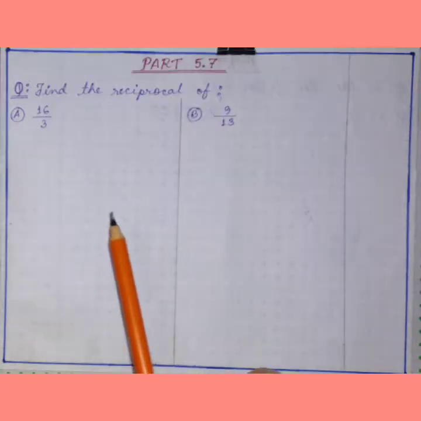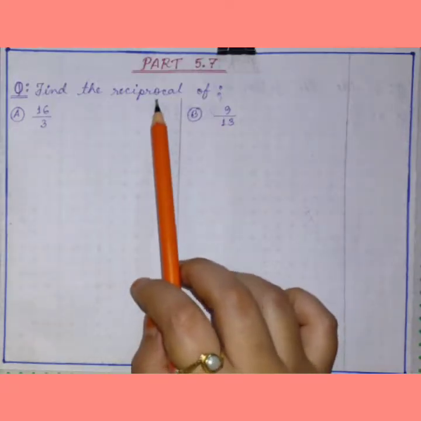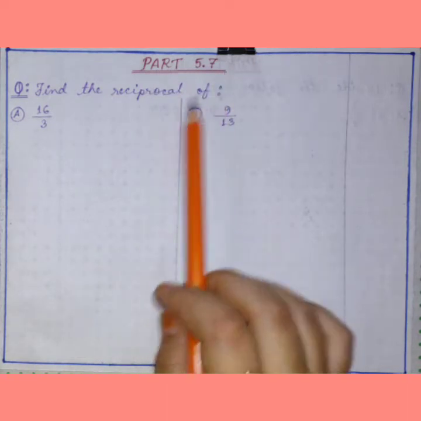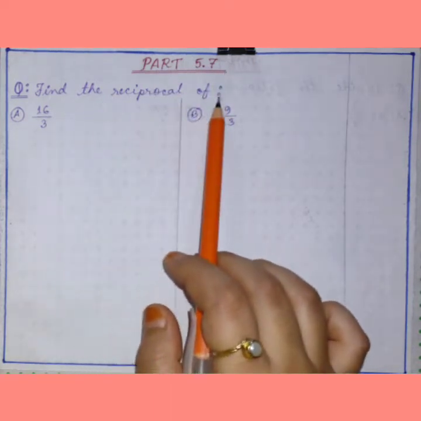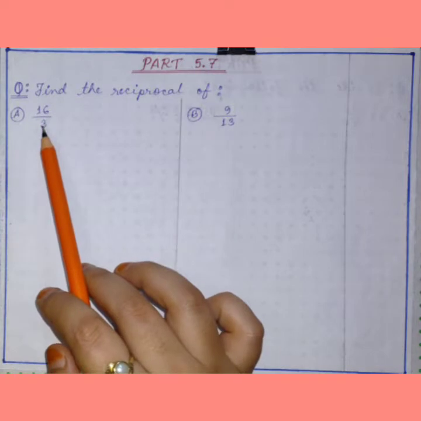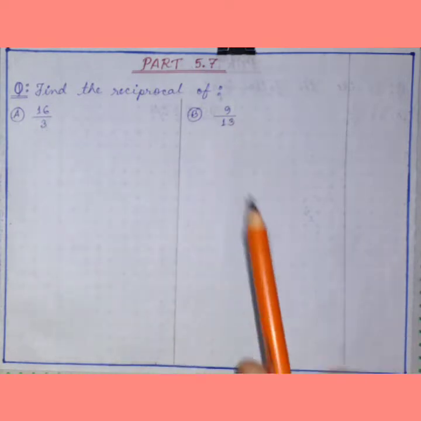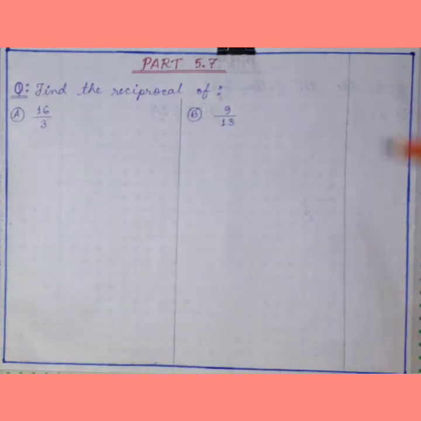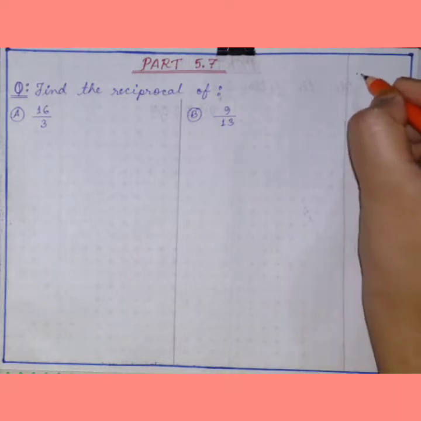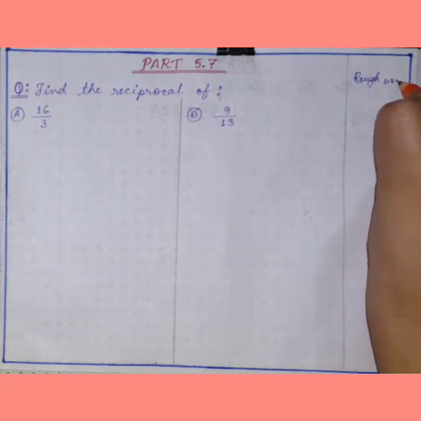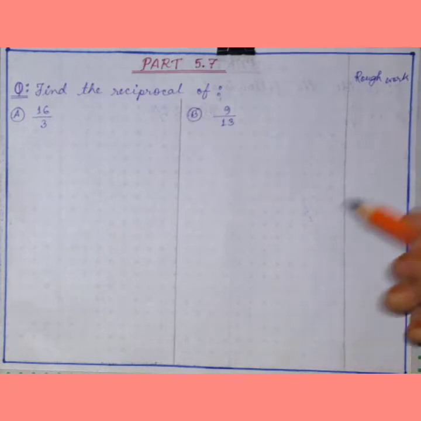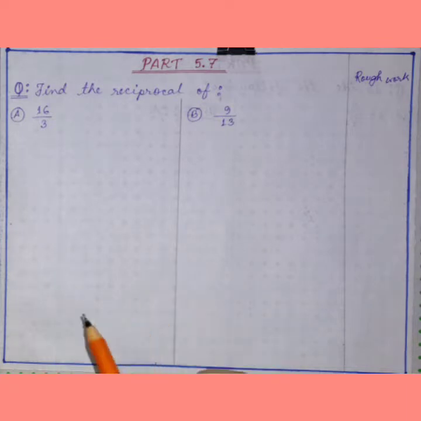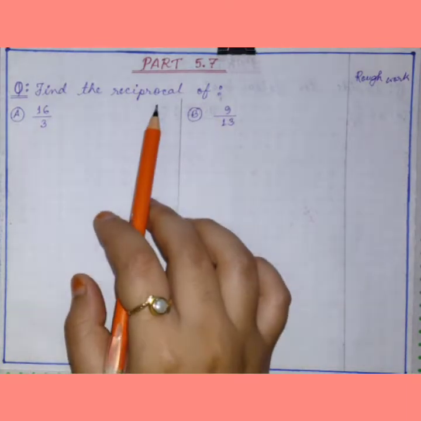The question from home assignment part 5.7 is: find the reciprocal of 16 by 3 and 9 by 13. This page is for our rough work. Now moving to the question: find the reciprocal.